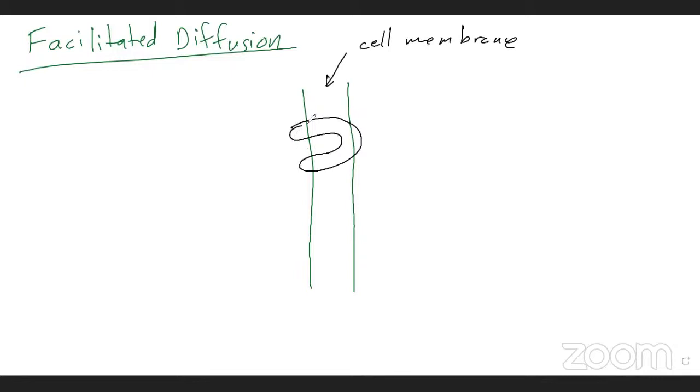Remember, it has a little V shape. So it's diffusion. All right, hold on. This is the inside of the cell, and this is the outside. Remember now, molecules need to get inside, so it is going to be high on the outside.